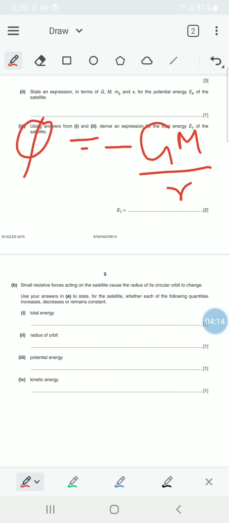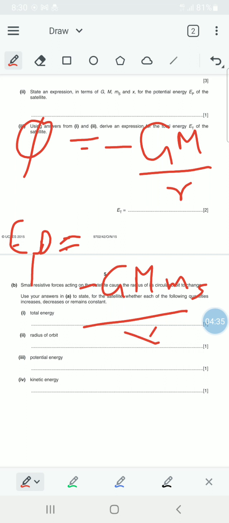The satellite is away from the center of the earth, so the potential energy equation goes as E_P equals negative G M m_s divided by x, where the separation is x.